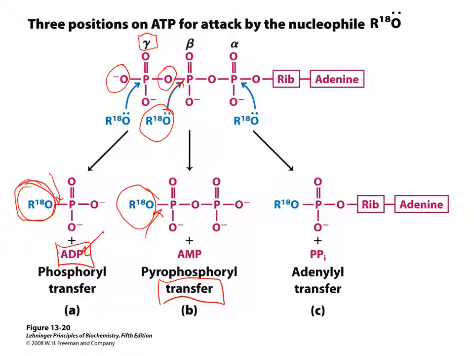And finally, if we have a nucleophilic attack on alpha phosphate, we actually get the nucleophile being attached to the adenylyl portion of the ATP. So we transfer adenylyl group here, and that process is known as adenylation.